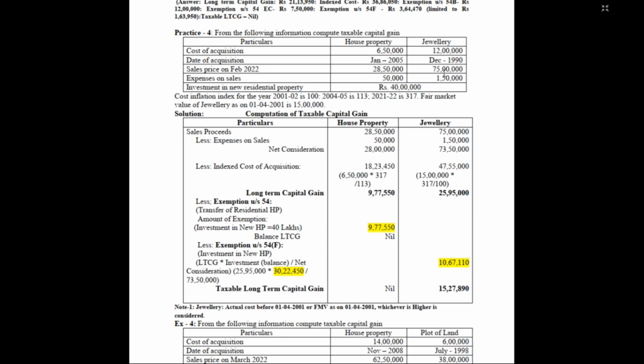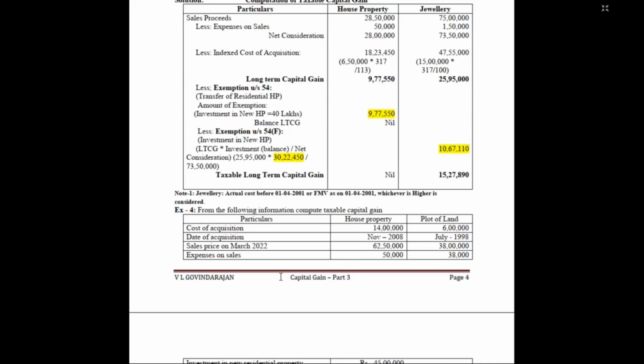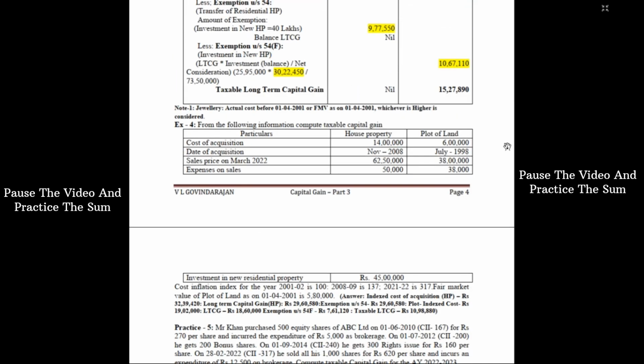Here exemption under section 54F: investment in new house property, long-term capital gain into investment, balance investment by net consideration. So we applied here the balance amount of investment. So the taxable long-term capital gain will be 15,27,890. In the same pattern, the listeners can practice exercise 4 and check the answers.